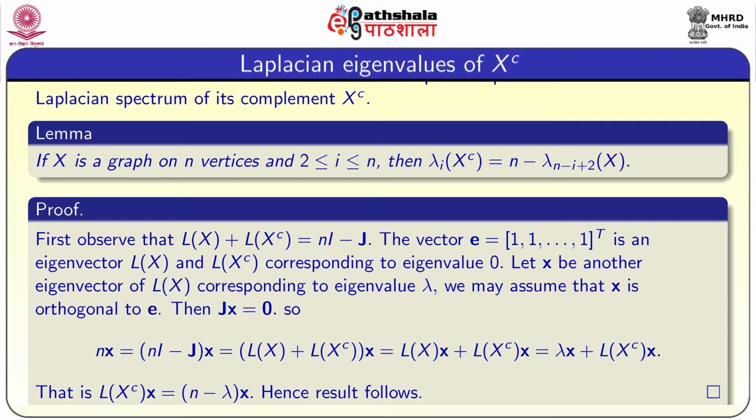Now it can be further simplified, that is L(X complement) x is equal to (n minus lambda) x. This shows that x is also an eigenvector of L(X complement) and the corresponding eigenvalue is n minus lambda, hence the result follows. So, what we showed is, if lambda is an eigenvalue of L(X), then n minus lambda is a Laplacian eigenvalue of its complement.